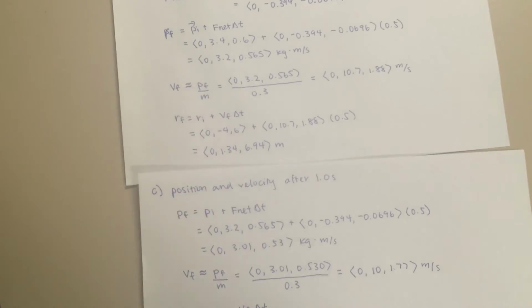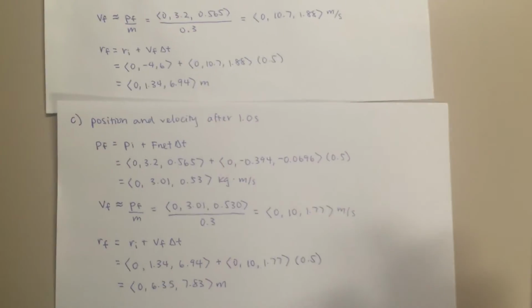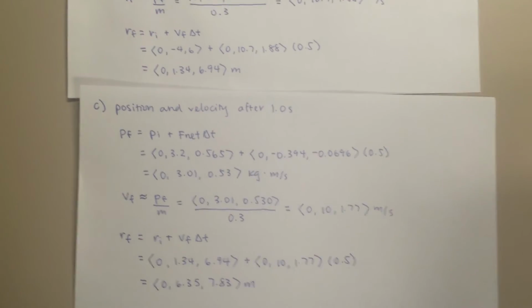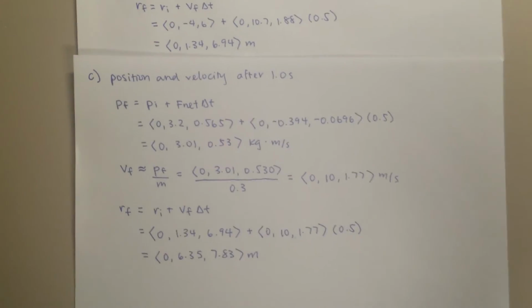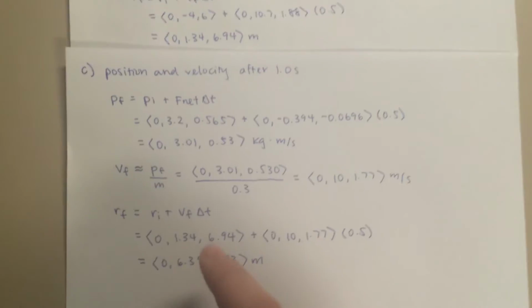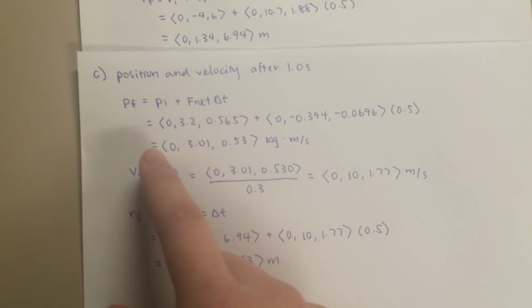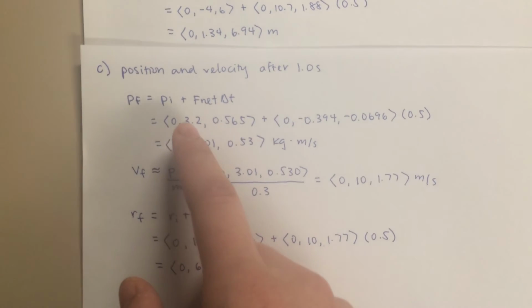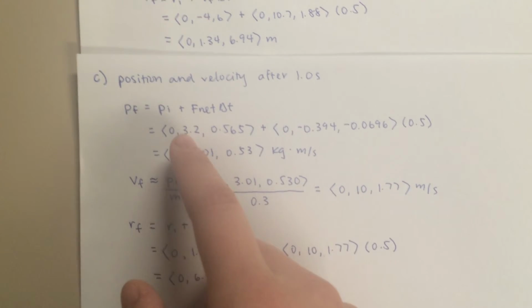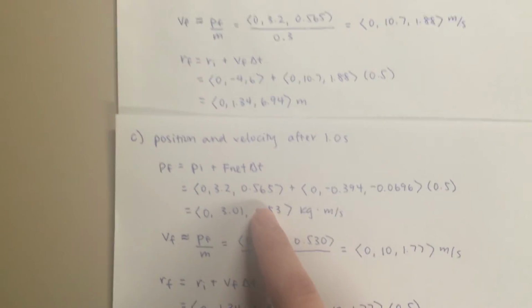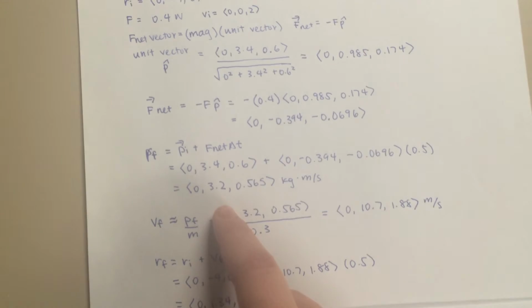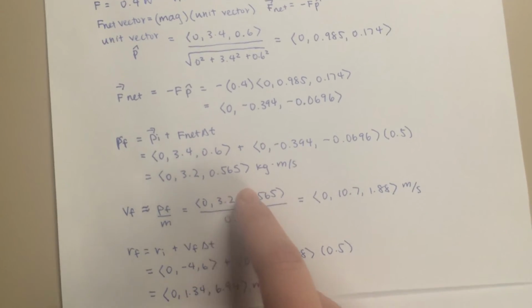Okay, and then the third part of the problem is asking for the final position and velocity after 1 second, which will be an increase of half a second from the first time step. So again, we do the same process, but using slightly different numbers. For the final momentum, it's the same equation, the initial momentum plus F net delta t, but we're using the final momentum of the first time step as the initial momentum, which is 0, 3.2, 0.565.